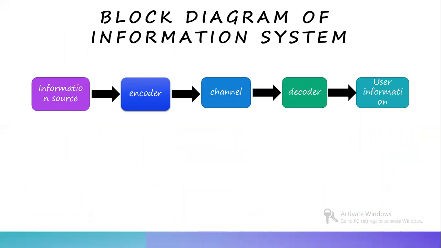Next, we'll be moving on to block diagram of information source, where we'll come across information source, encoder, channel, decoder, and user information. What is information source? Information source is a discrete source emitting discrete message symbols S1, S2 up to SQ with the probabilities of occurrence of P1, P2 up to PQ respectively.